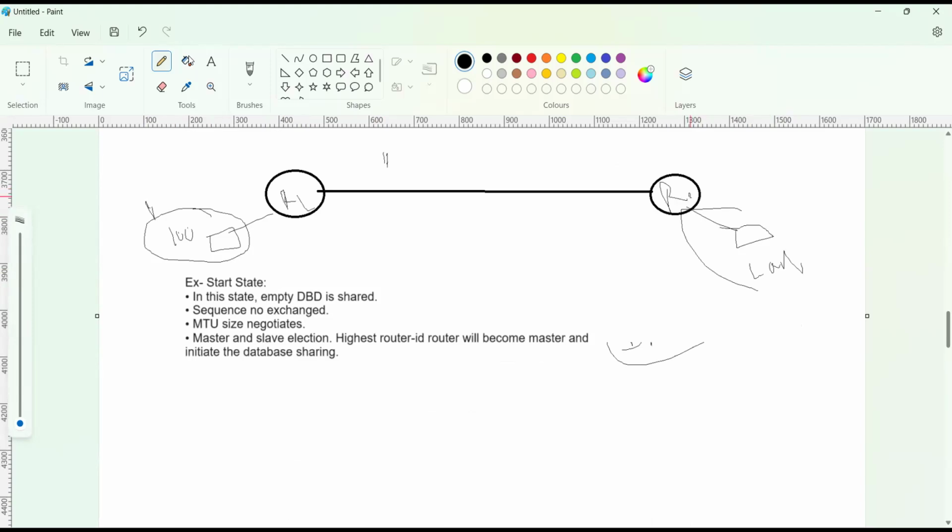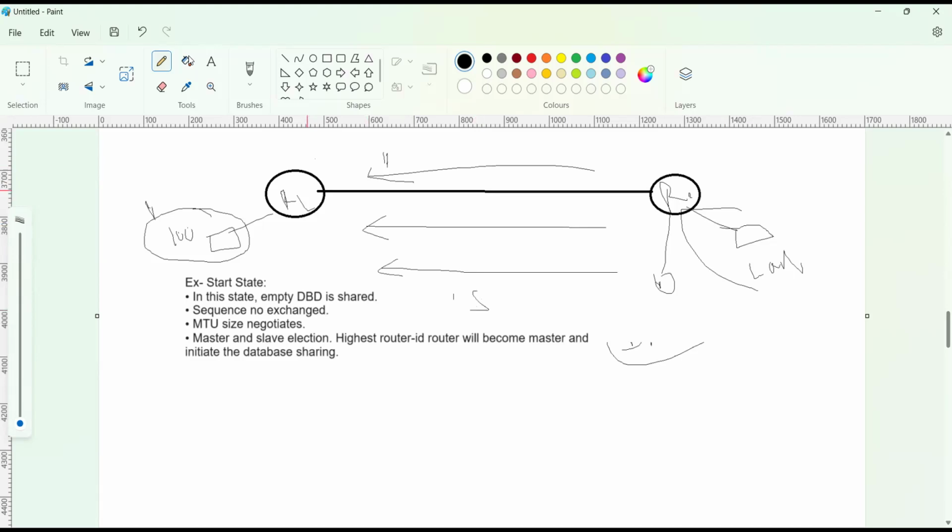Here, what will happen with the master, R1 and R2? Here we have one more router, R3. If this router is elected as the master router, then all the routers will send to him, with the help of the multicast IP address 224.0.0.5. Once he receives it, with the help of 224.0.0.6, whoever requires it, he will send.